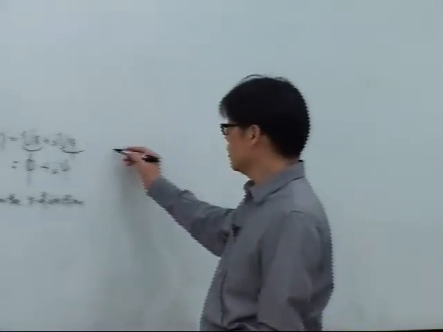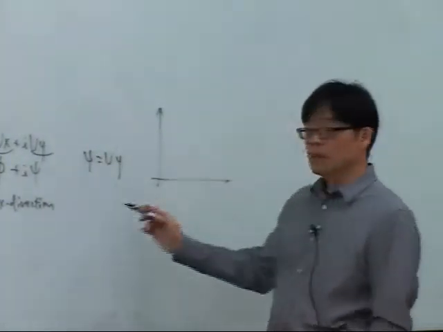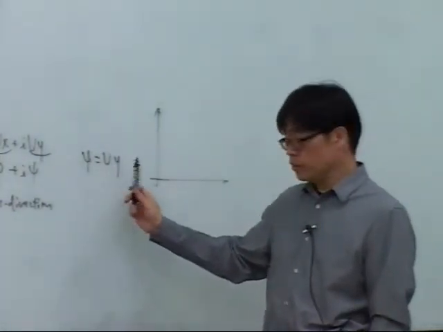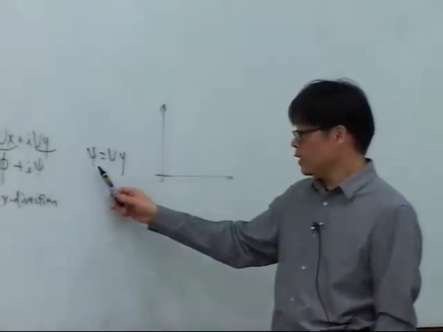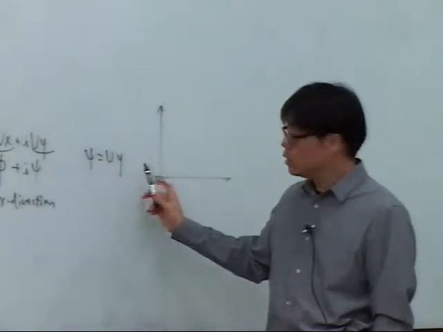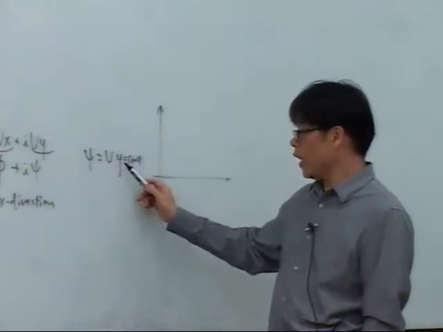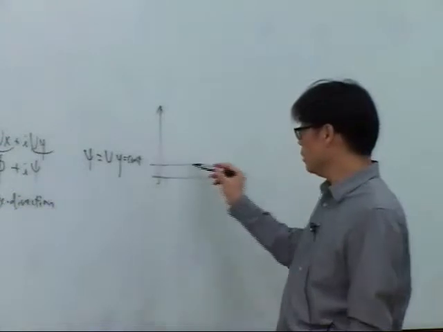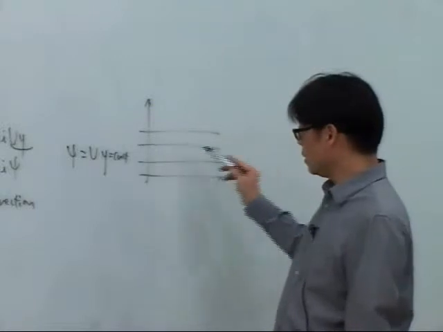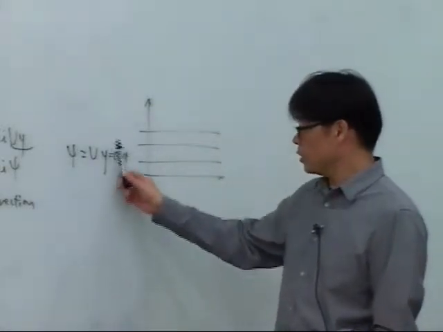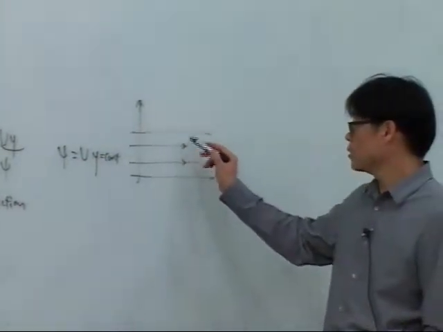Here, psi equal to Uy is the stream function, so you can easily draw streamlines, which can be found by setting the stream function equal to a constant. So y equal to constant. That's what it means. So these are the streamlines, and this is flow going this way.